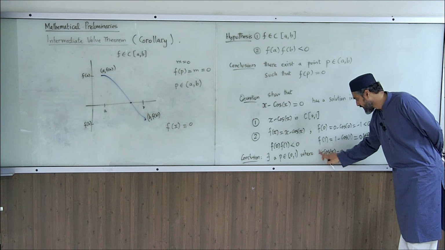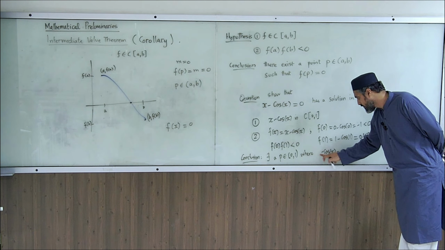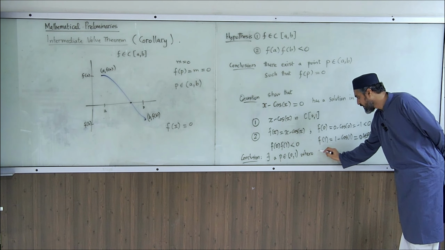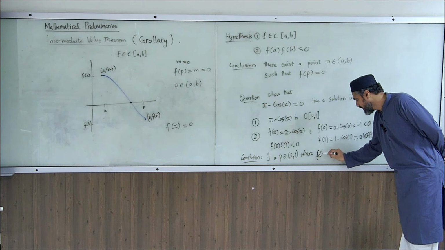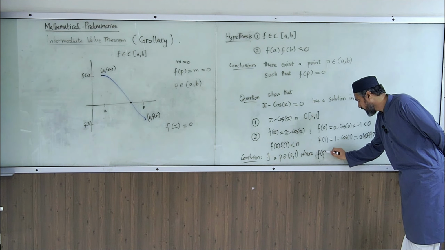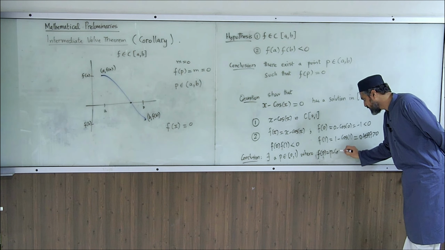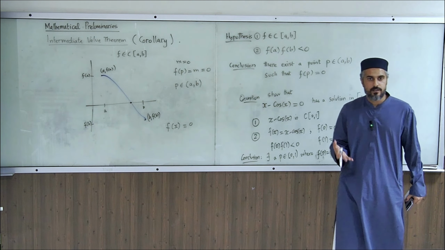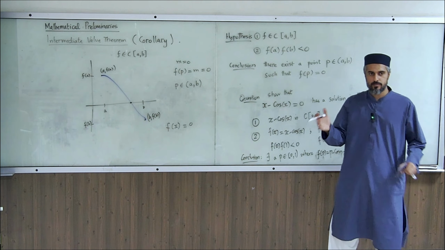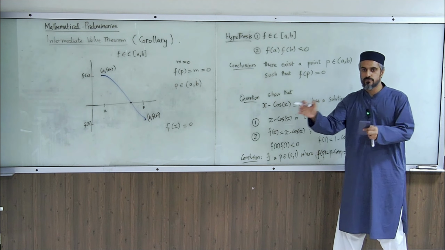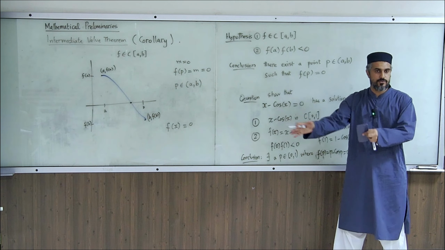Let me write f of p, sorry, p minus cos p is equal to 0. In other words, we identify a region in the real number system, in the whole real line. This is the region of interest. Here the solution lies, and we are sure that the solution lies.